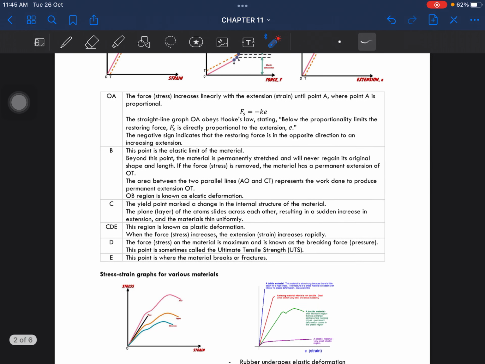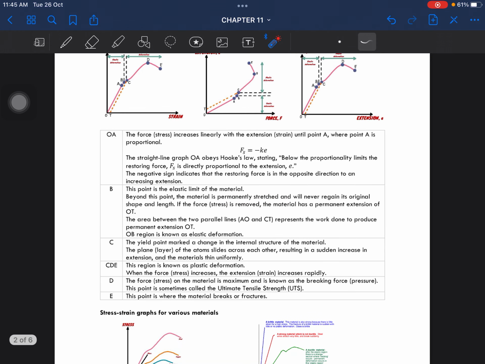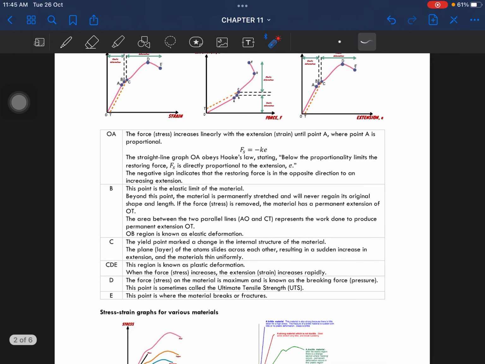The negative sign here indicates that the restoring force is in the opposite direction to an increasing extension. At point B, it is the elastic limit of the material. Beyond this point, the material will permanently stretch. It will never go back to its original shape or length.